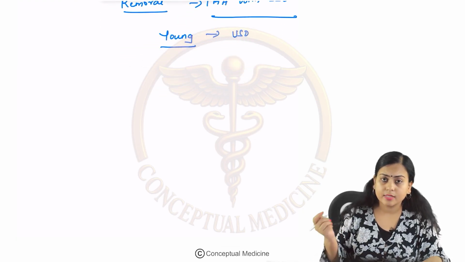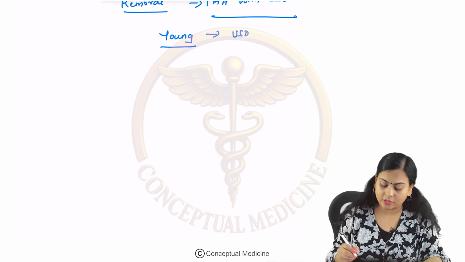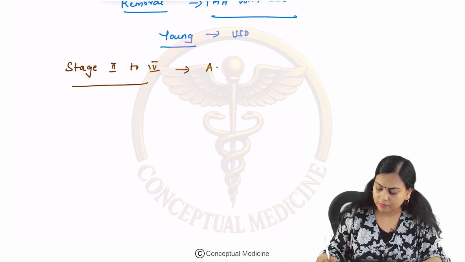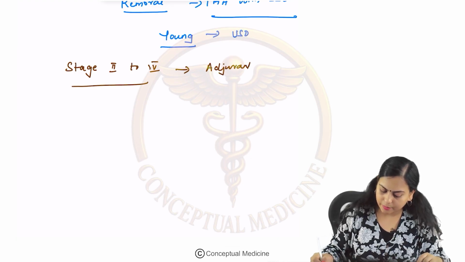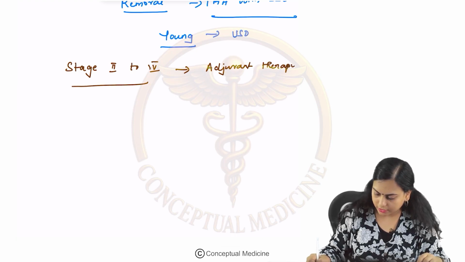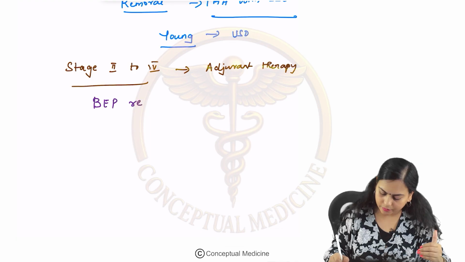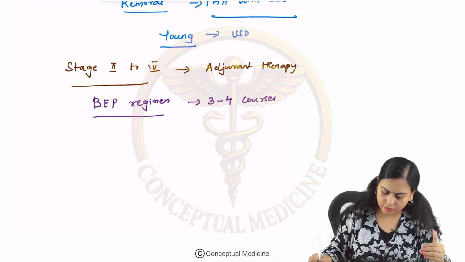Suppose the patient is in an advanced stage, say stage 2 to 4, then you have to give them adjuvant therapy. The adjuvant therapy we choose here is the BEP regimen, which will be given for 3 to 4 courses.